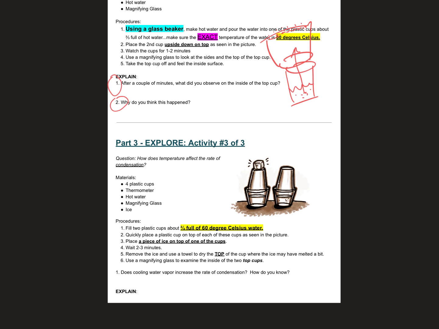Why did that happen? Again, it's all about cooling and reducing the speed of particles. If you have something hot or a gas, it's going to be going at high speeds. If you slow it down, it's going to turn into a liquid, and we call that condensation.